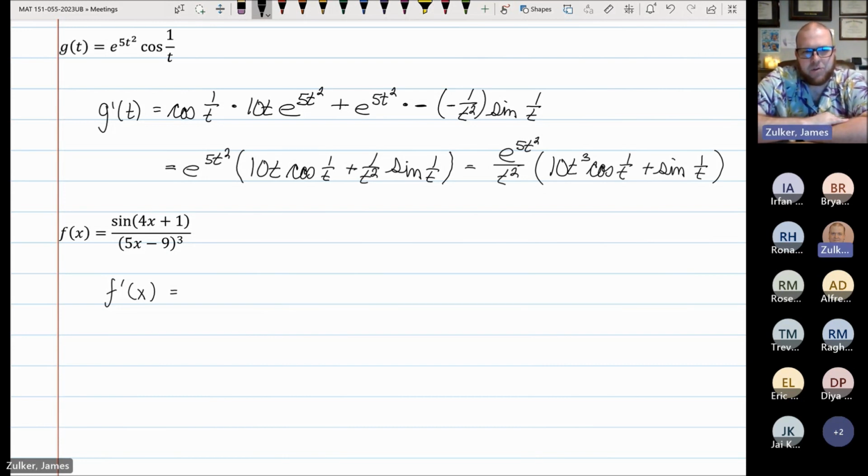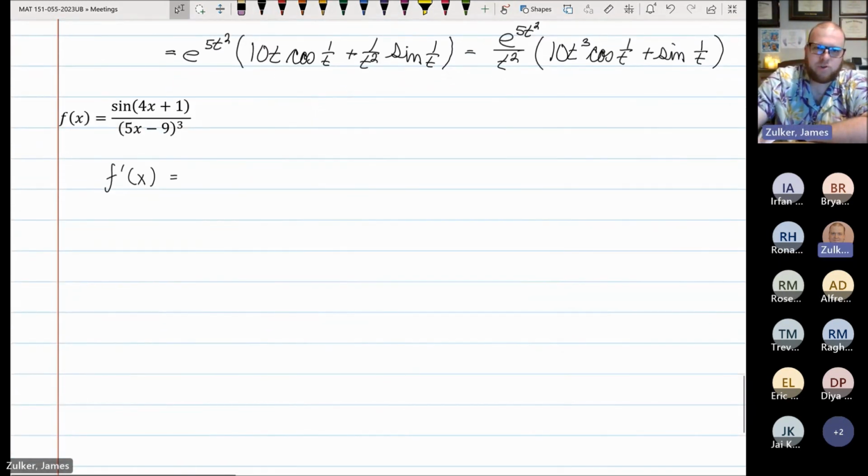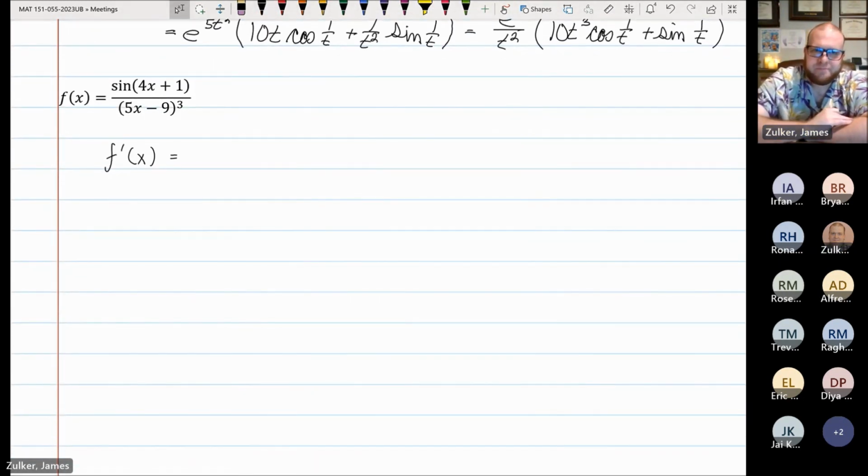Here we're dealing with a quotient, right? So quotient rule. Denominator minus derivative of the numerator.